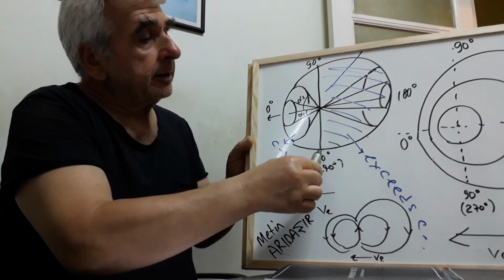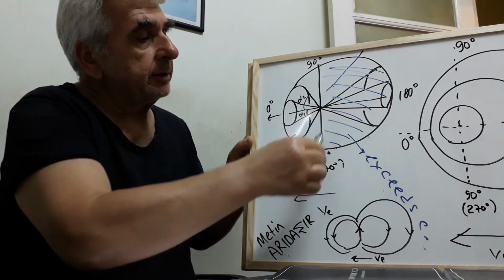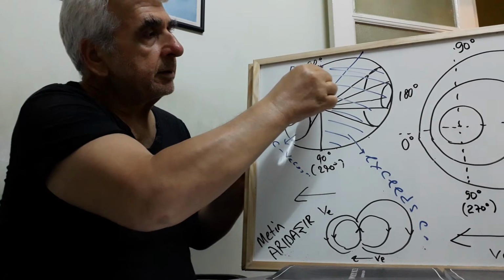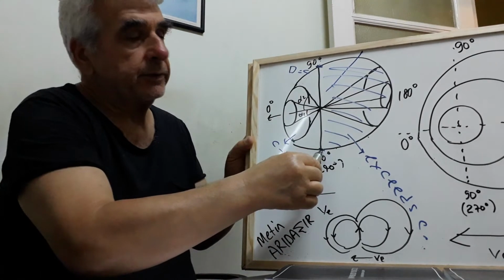And in the direction of 90 degrees, d, remember, is equal to c. It doesn't change.